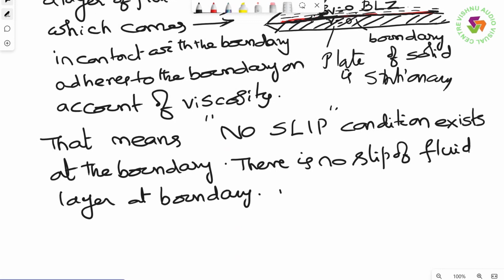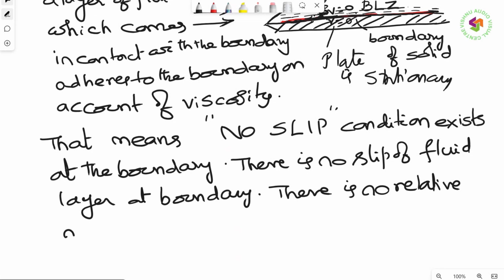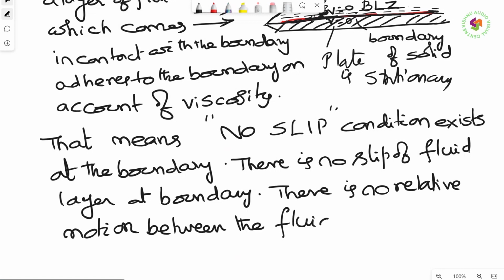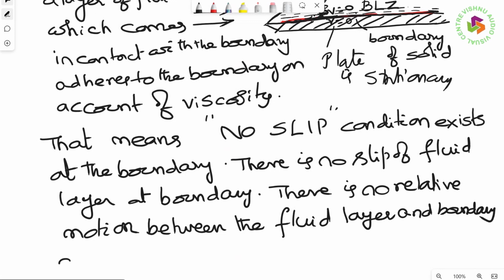That means there is no relative motion between the fluid layer and the boundary.